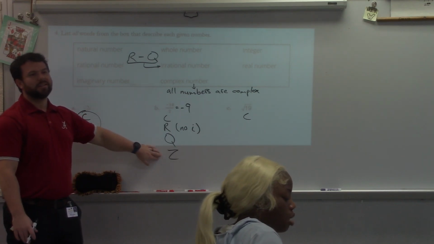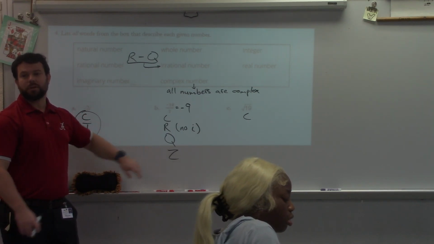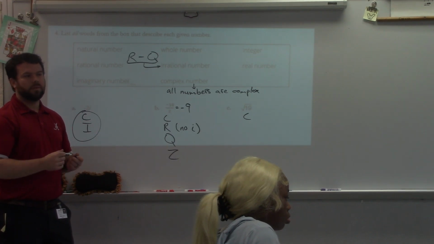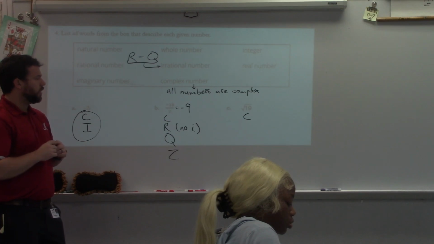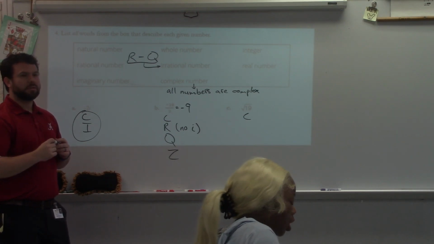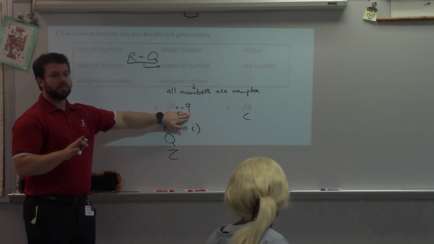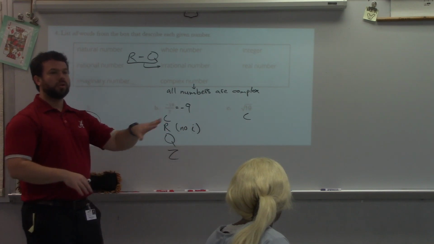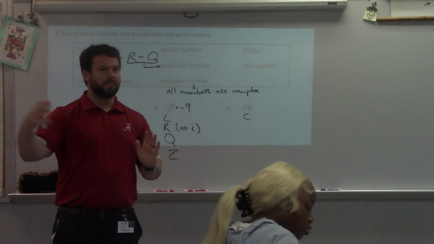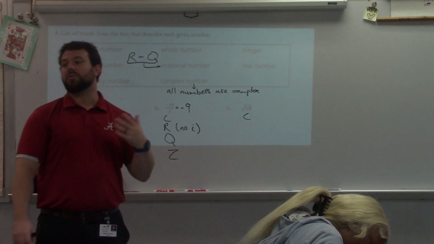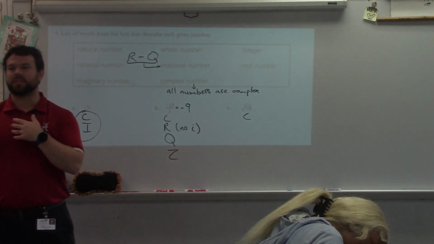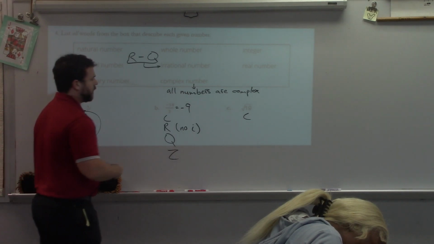Z, integers, right? Is it a whole or a natural number? No. What would it have to be a whole or natural? Well, so notice it simplifies to this, so it could be that. It has to be positive. Remember, the whole numbers are 0, 1, 2, 3, 4, etc. The natural numbers are where you naturally start counting 1, 2, 3, 4, 5, etc. So integer is the last option there.